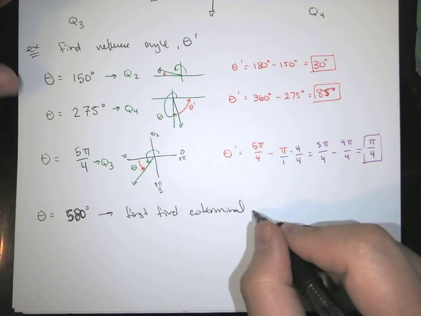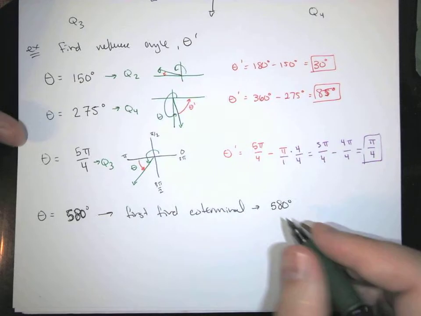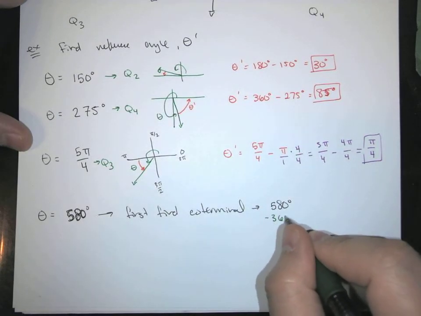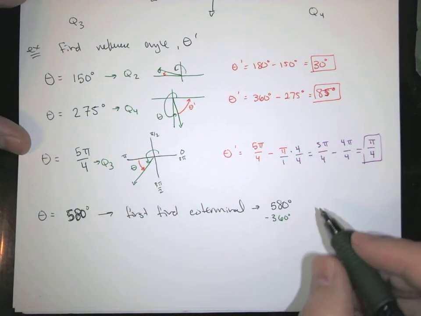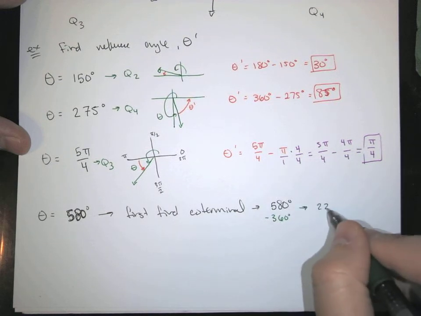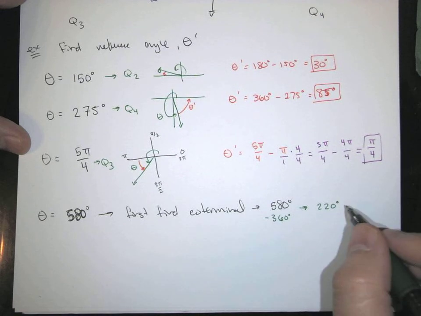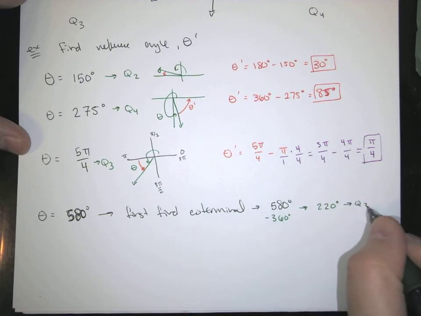So let's do 580 degrees minus 360. What are we going to be left with? 220 degrees. Where's that going to put us? That's going to put us in quadrant 3.